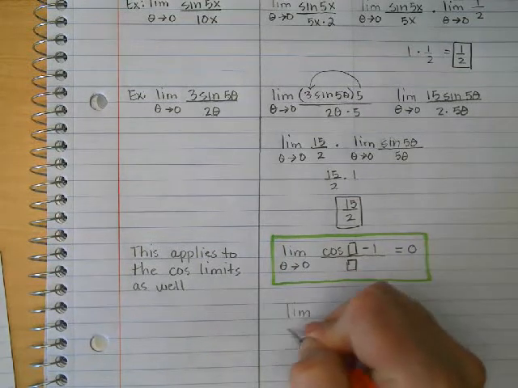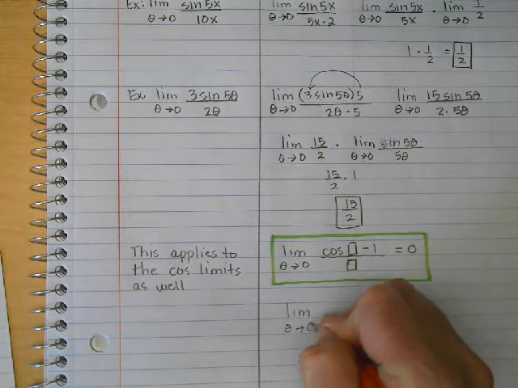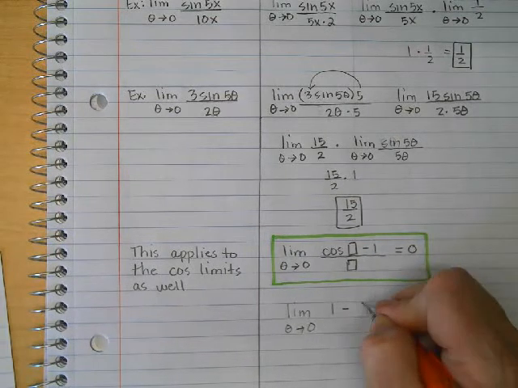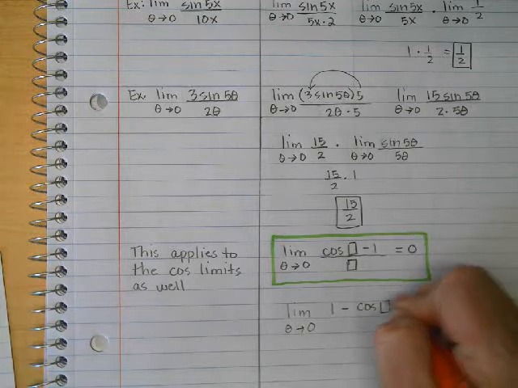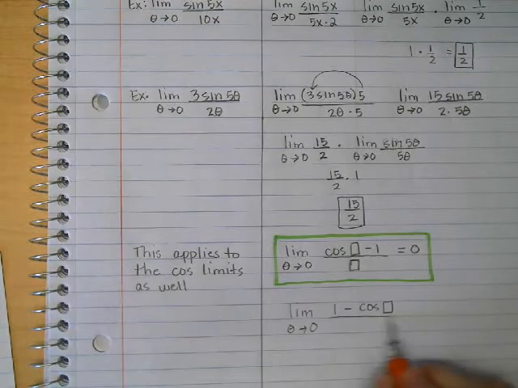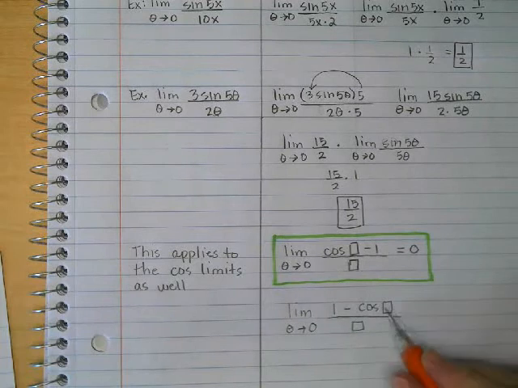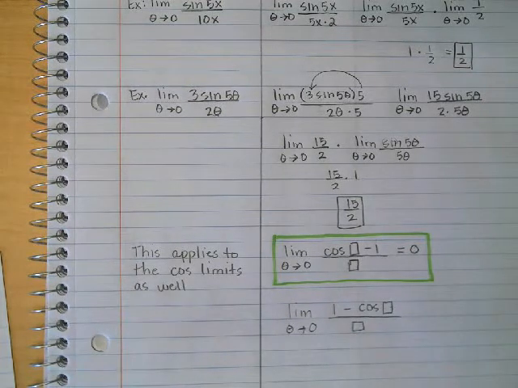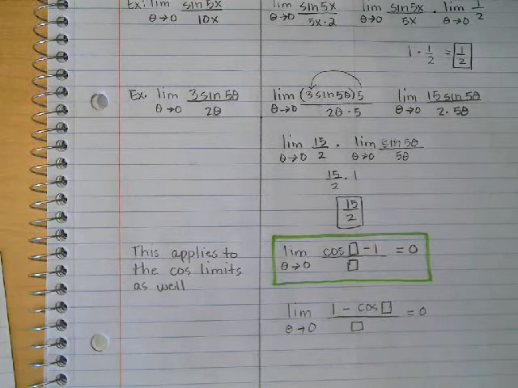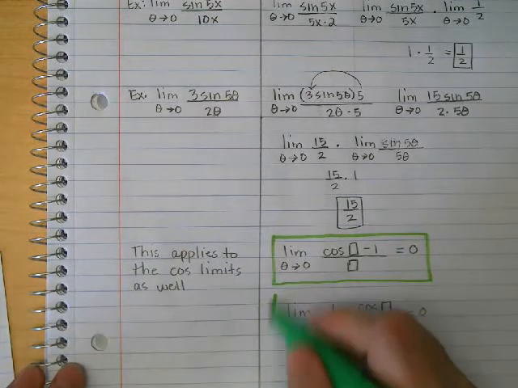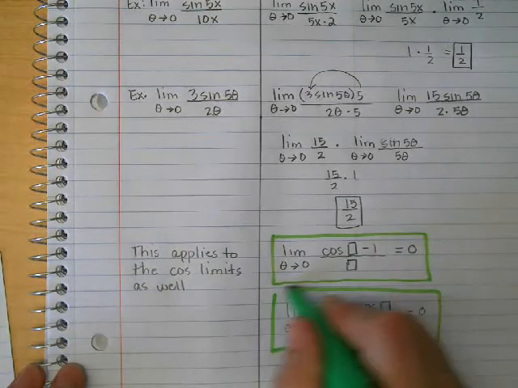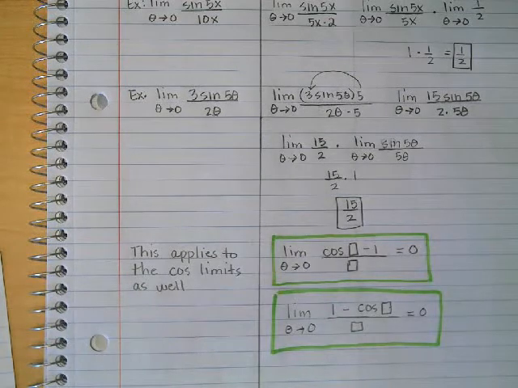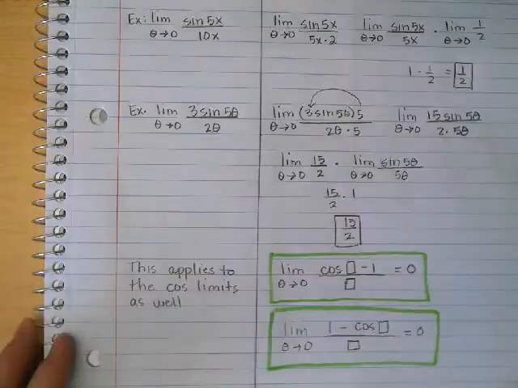And if the limit as theta approaches 0 of 1 minus cosine box over box, as long as those are exactly the same, that will also equal 0. Okay, and on Monday we'll do a bunch of practice problems together in class, so we start to get more comfortable with these little trig limits.